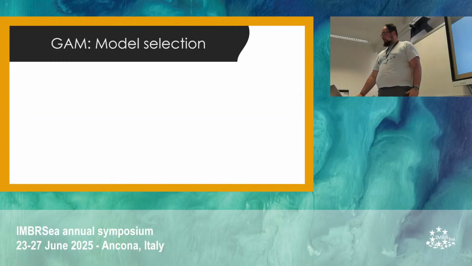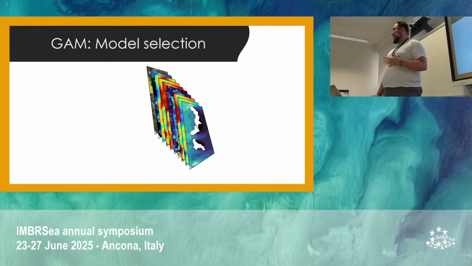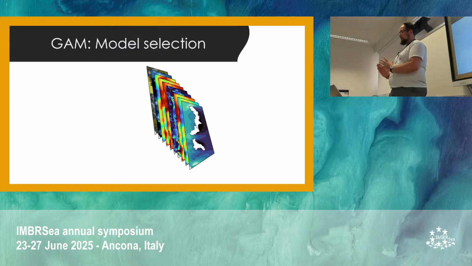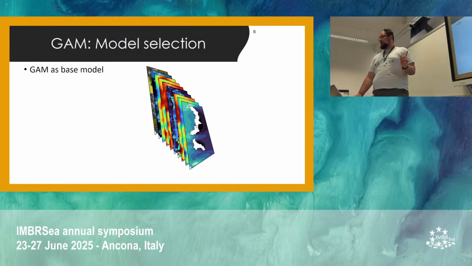Now, I had this huge stack of variables. How do I actually choose which ones are relevant for the model, which ones actually describe a relationship with the occurrence of cuttlefish? So I used an ensemble modeling approach, which constructs a number of different models and averages together their results. The first model in the ensemble that I used was a generalized additive model, or GAM.